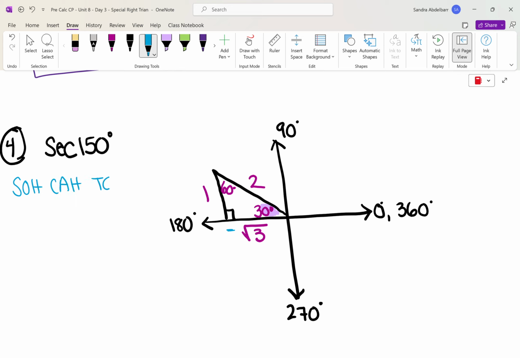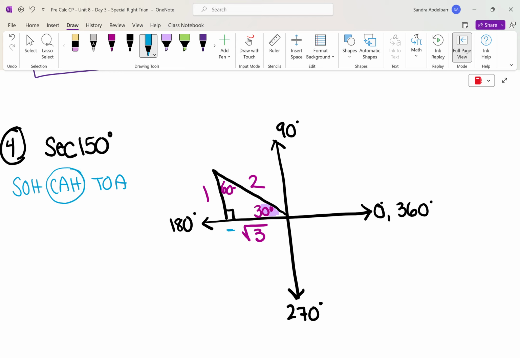Now remember, we're going back to SOHCAHTOA. Now I'm not thinking cofunction. Cofunction is different. The secant is the reciprocal of which function? Secant, not cofunction. Cofunction is what we did yesterday. Good. Secant's the reciprocal of cosine.